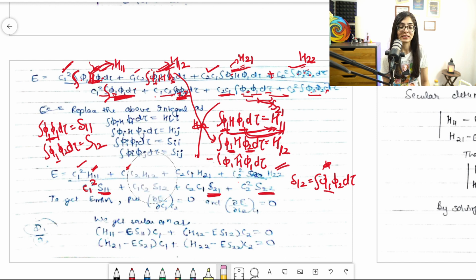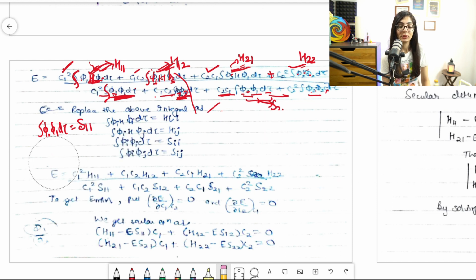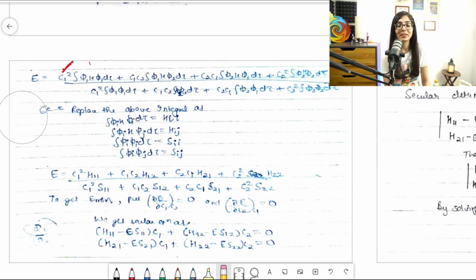So now what will be my next step? Okay, I have replaced it. So what can be my next step? So guys, to find the minimum energy, to find the minimum value, what we usually do is take the derivative with respect to the variational parameters and put it equal to 0. So we'll differentiate this energy with respect to C1, because it is changing with respect to C1 and C2.